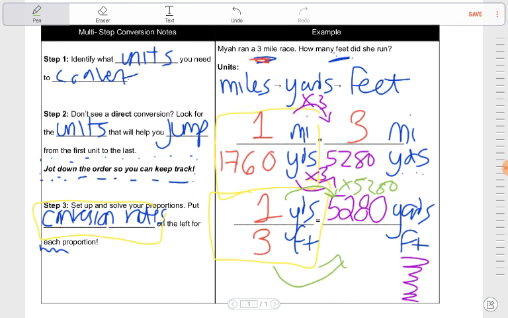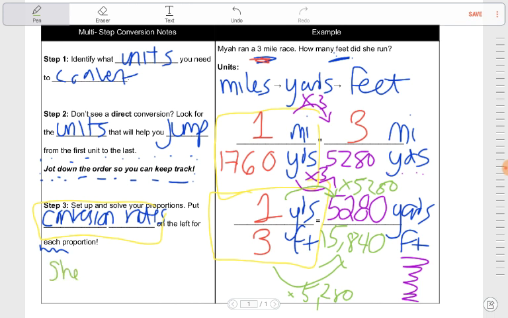You're going to do the same thing to the bottom, so times 5,280, and 3 times that is 15,840.